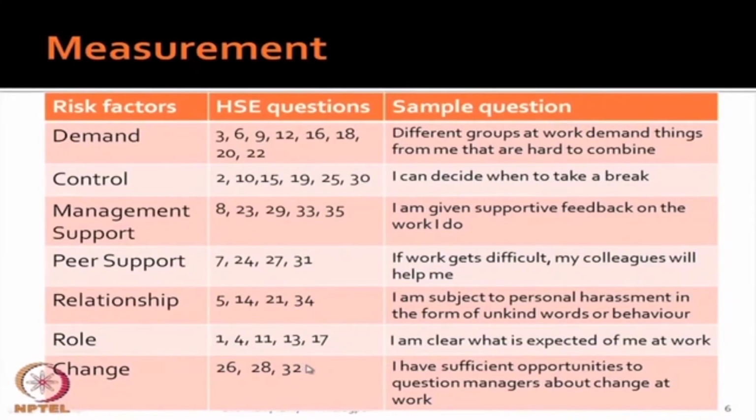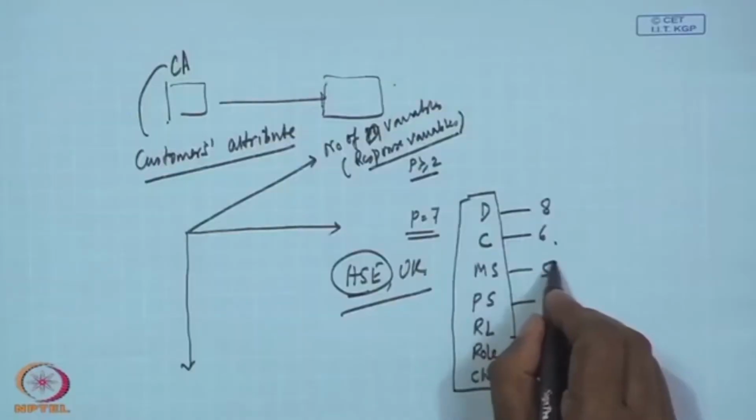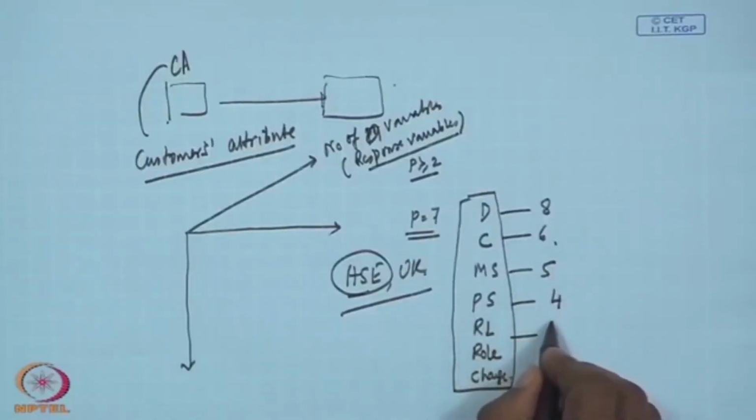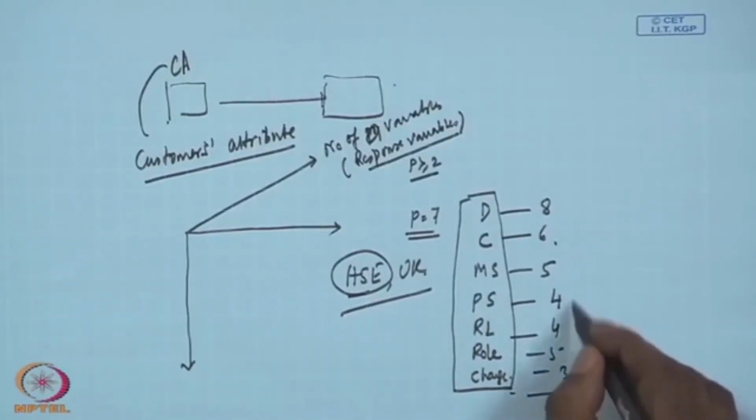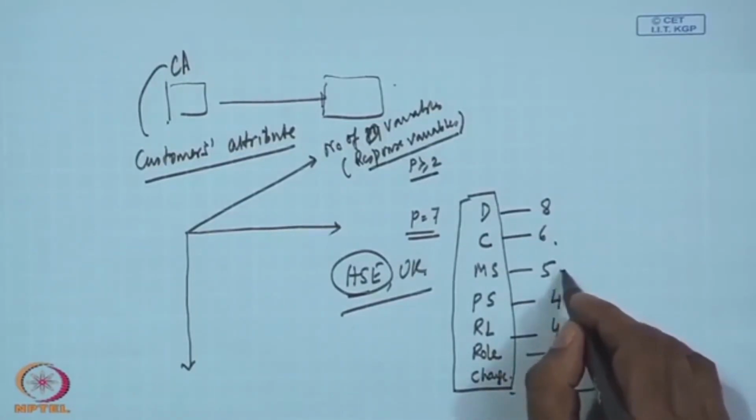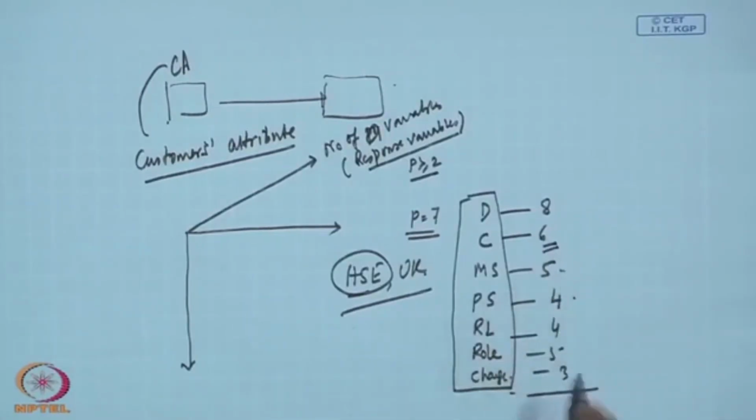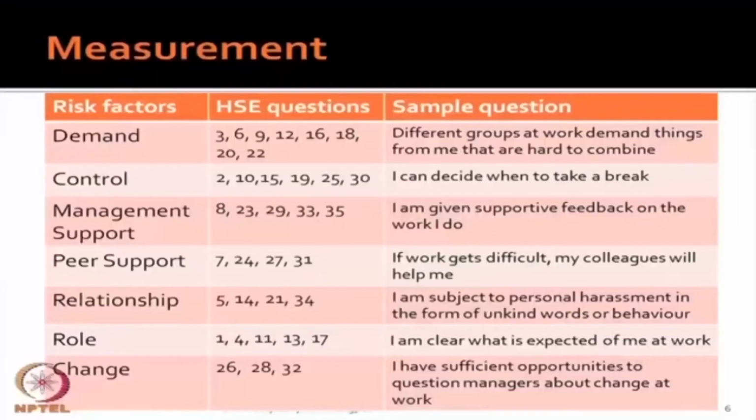Altogether there are 35 questions: 8 plus 6 plus 5 plus 4 plus 4 plus 5 plus 3, which is 35. So, 35 questions are used to measure the job stress suffered by different people at the organization.